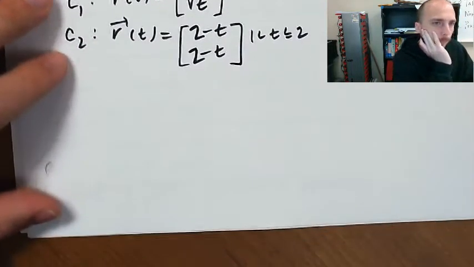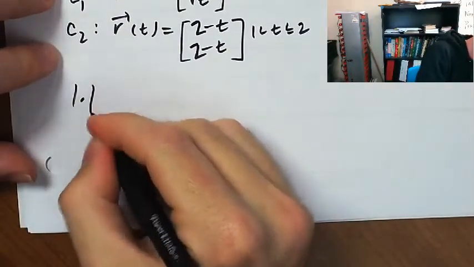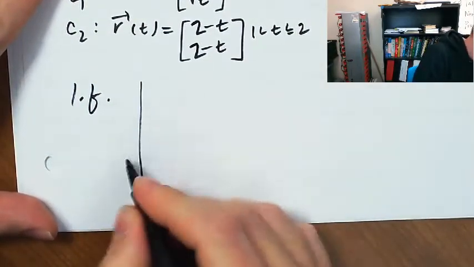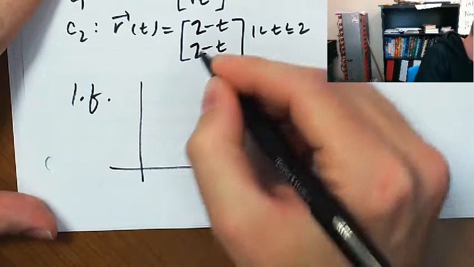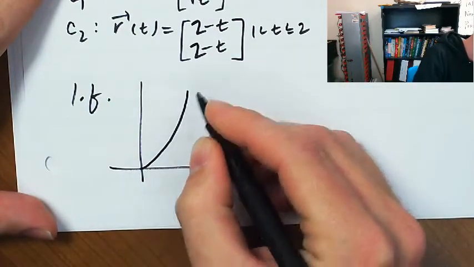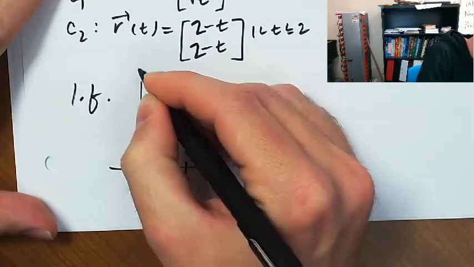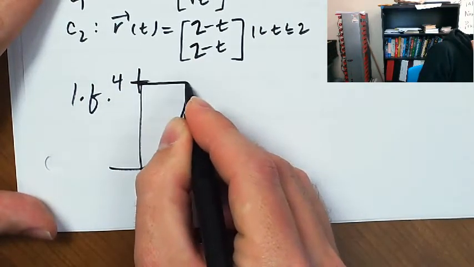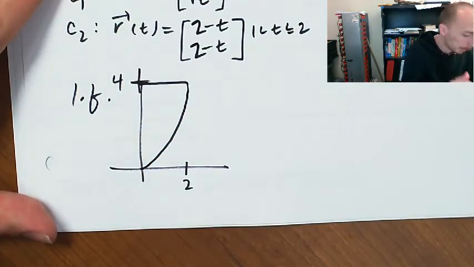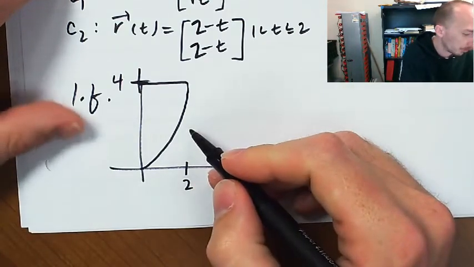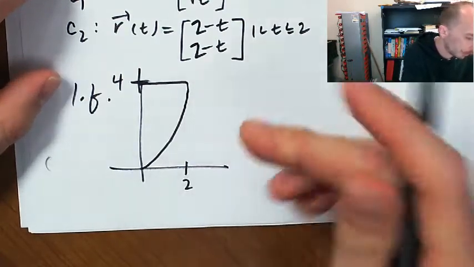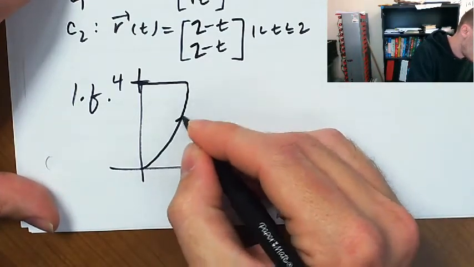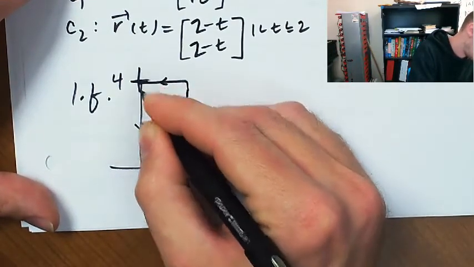Alright, the last one. Okay, this is y equals x squared, y equals 4, x equals 0. This orientation here.